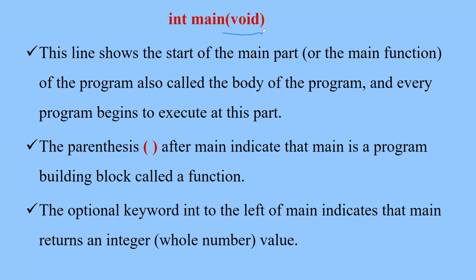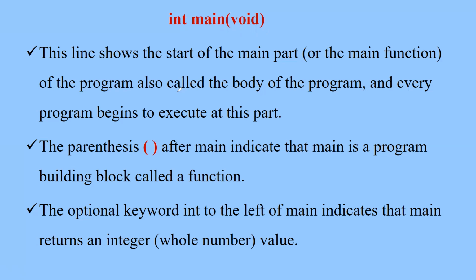For now, just internalize that whenever you are writing even a single program, it should have the function main and a pair of parentheses. In between, the word void can be left out. It does not need to be there, but there's nothing wrong with having it if your main function is not receiving any value from anywhere.